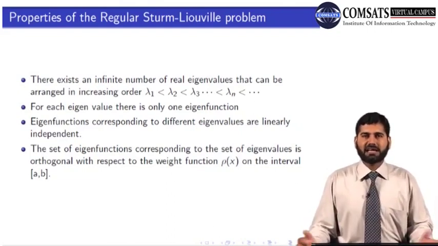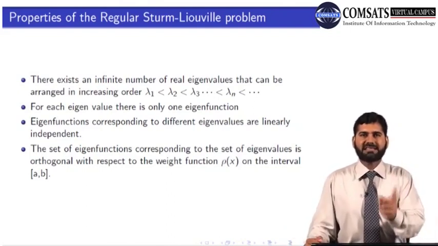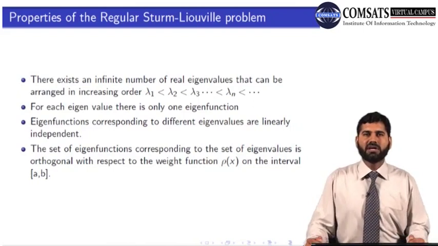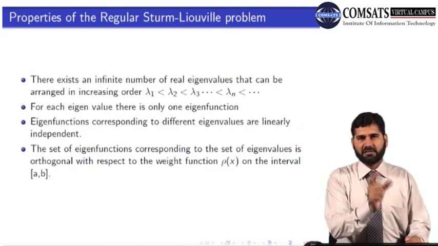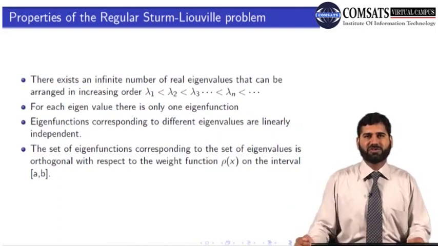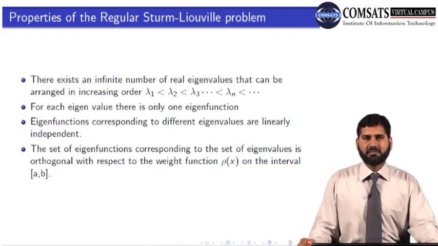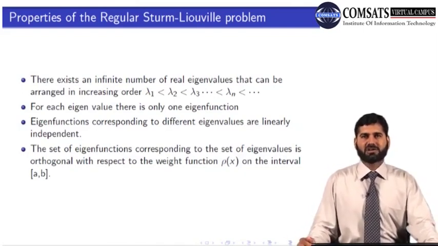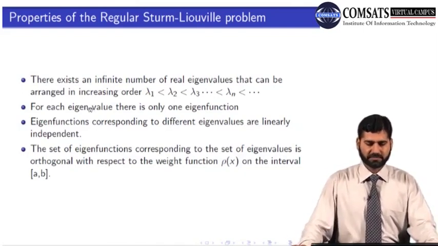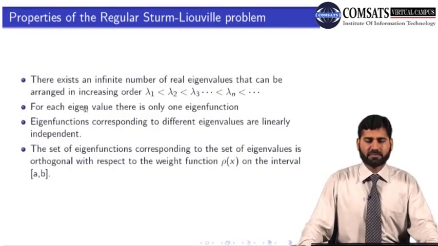Sin x, cosine x can be orthogonal with respect to weight function 1. But if your equation has lambda rho x u is equal to 0, then for your eigenfunctions, the integral of u1 x, u2 x times rho x dx will give you 0. If you ignore rho x from there, the integral may not be equal to 0 and they may not be orthogonal to each other. So these are the 4 basic properties of the regular SL problem.